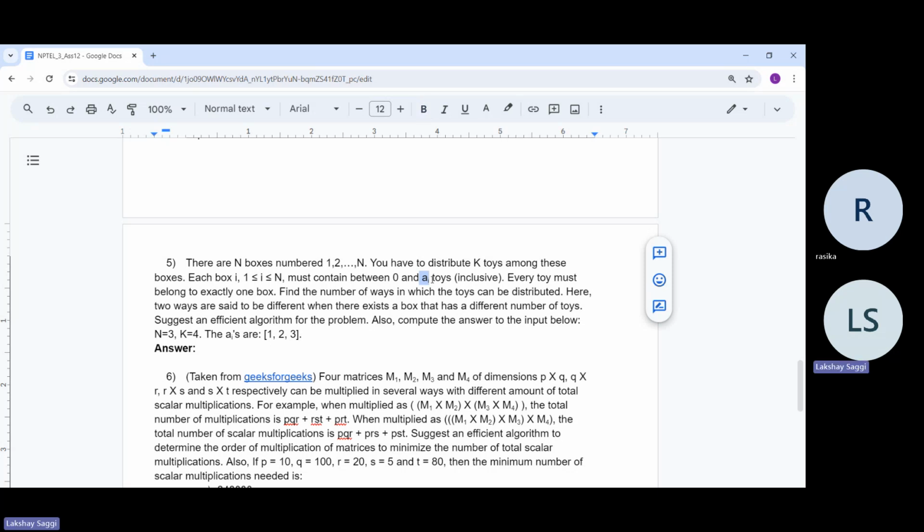So something like a complexity of n times the max of this ai is okay with us. Okay, I guess we can discuss this.